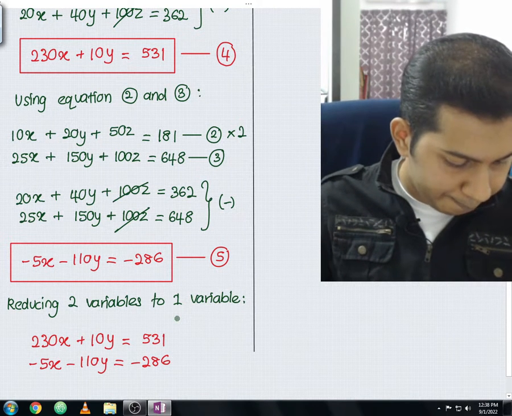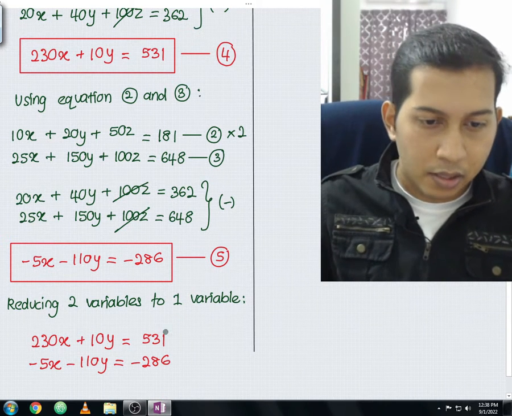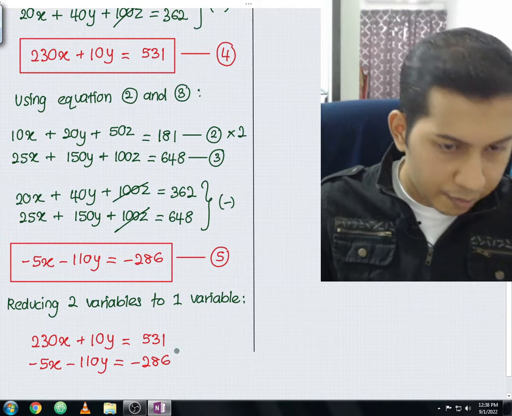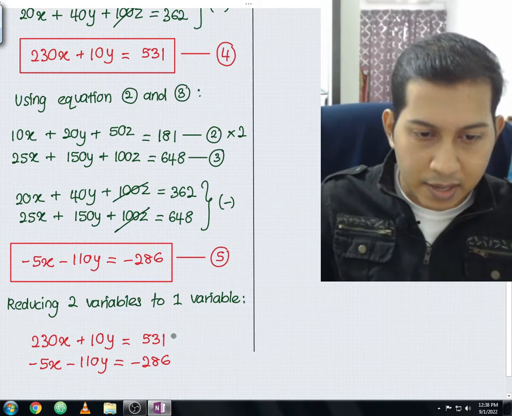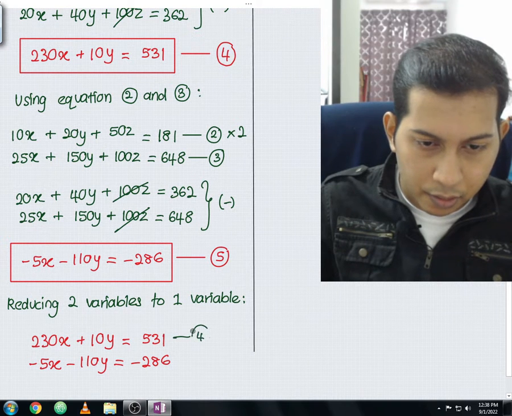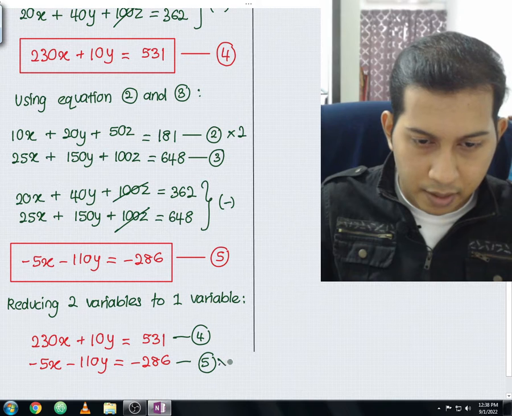Okay, so from here, since I'm deciding to eliminate the x variable, it is better for me to times equation 5 by 46. Let me just label this equation 4 and equation 5.